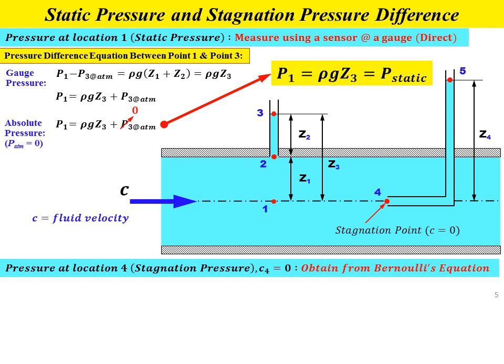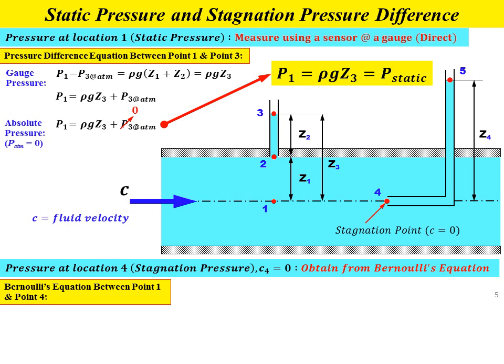Then we manipulate the Bernoulli equation, where, because point number 1 and point number 4 are at the same level, we get the same total pressure for P1 and P4.